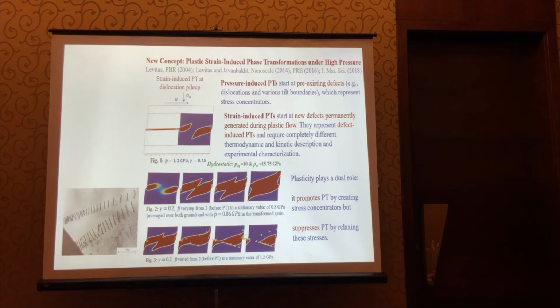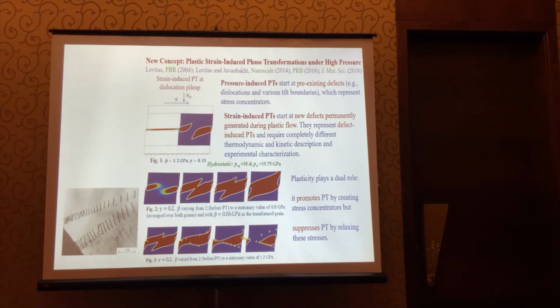Now let's consider a bicrystal under compression and shear. Dislocations nucleate at the grain boundary, pile up against the grain boundary, and produce a strong stress concentrator here, proportional to all components of the stress tensor and proportional to the number of dislocations. And the number of dislocations can be 10, 100. So here we have a huge stress concentrator.